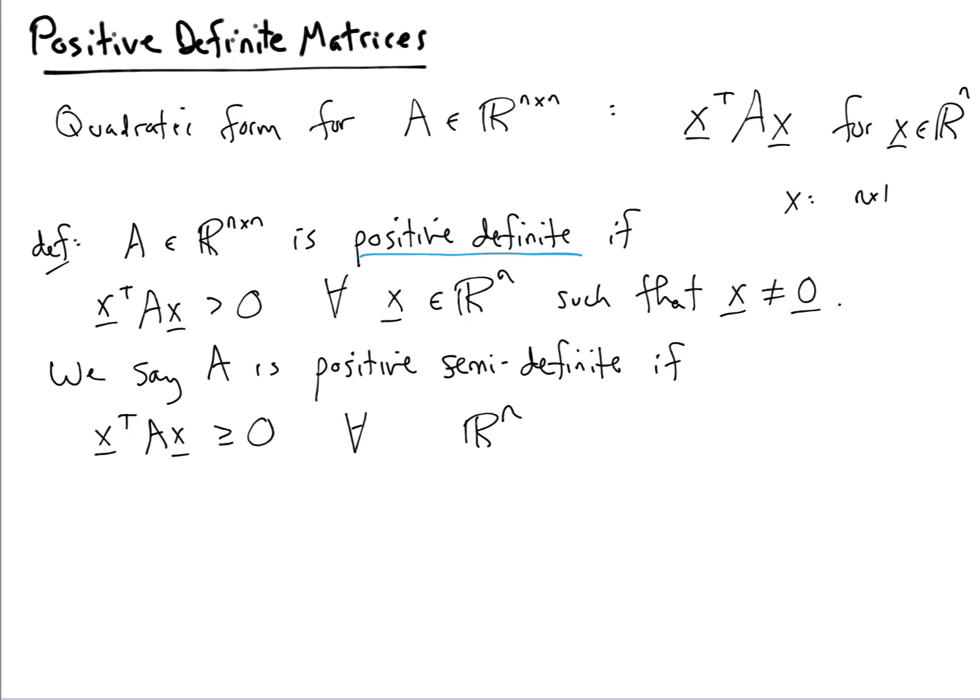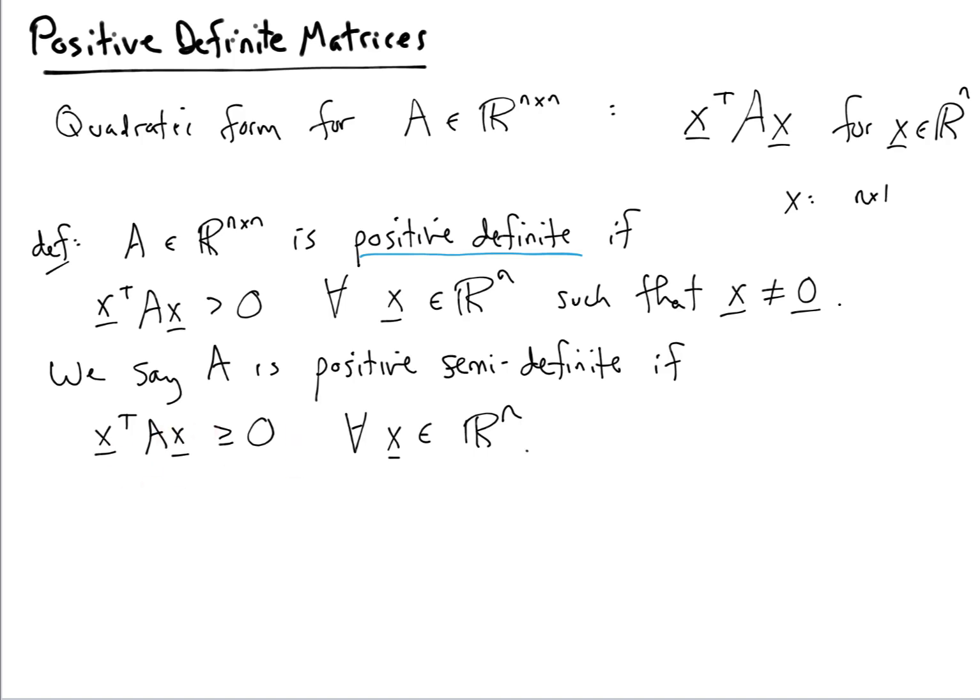And so the only difference here is that we have the possibility that x transpose Ax could equal 0 for a non-zero x in R^n.